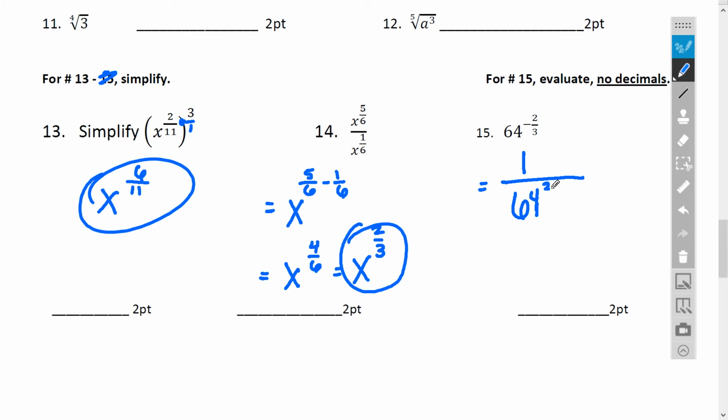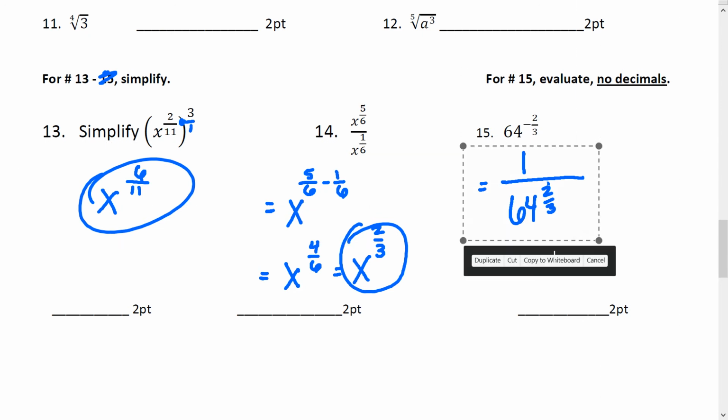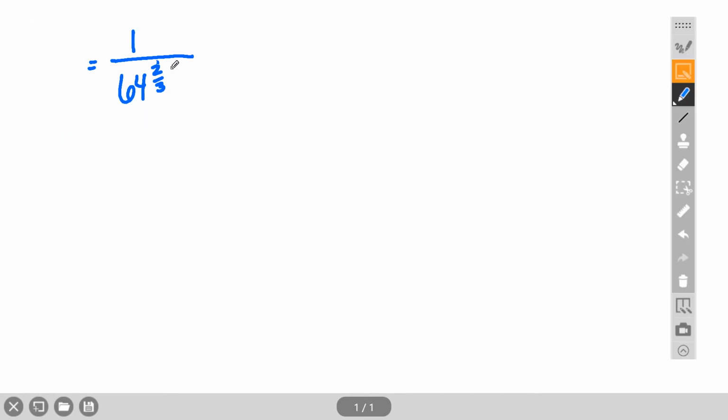So this is 64 to the 2/3 power. Let me take this to a blank page so I have some room to work with. This is how we fix it so that there is not a negative exponent.